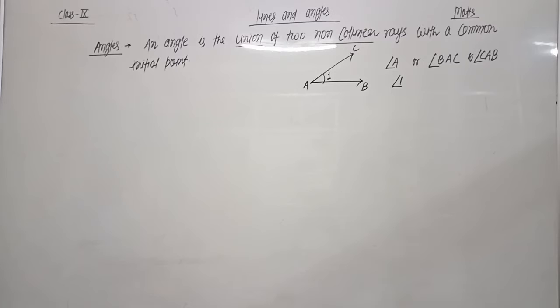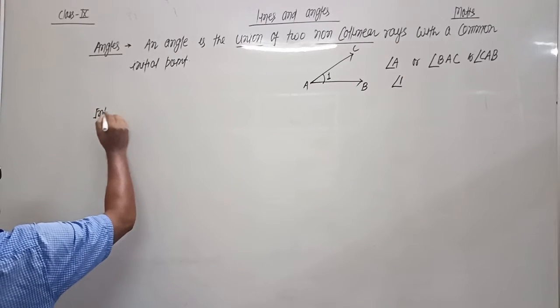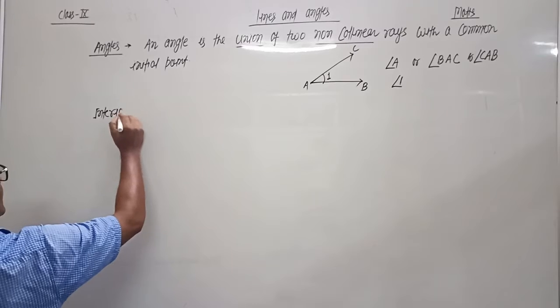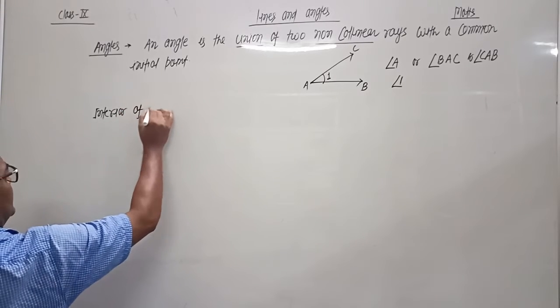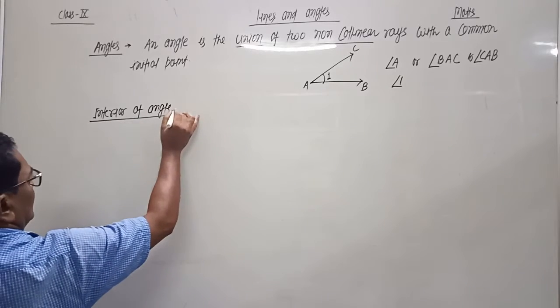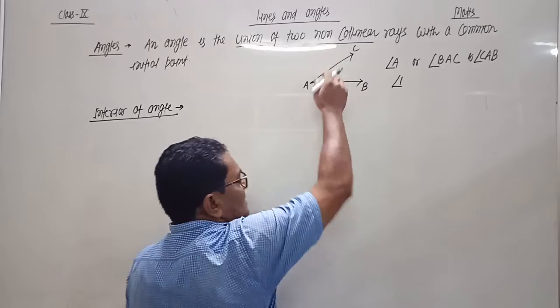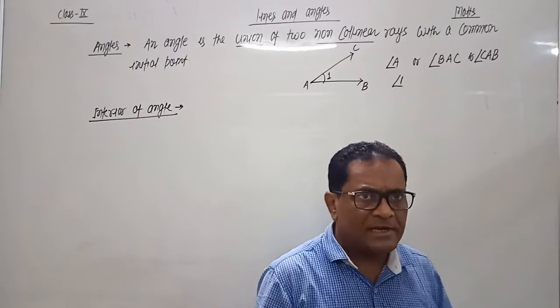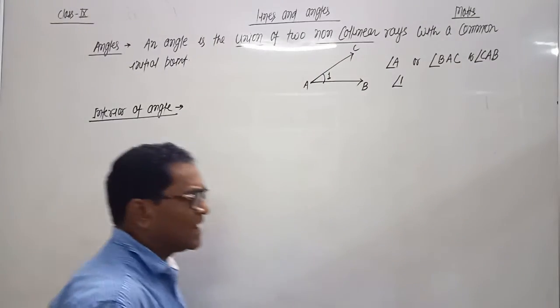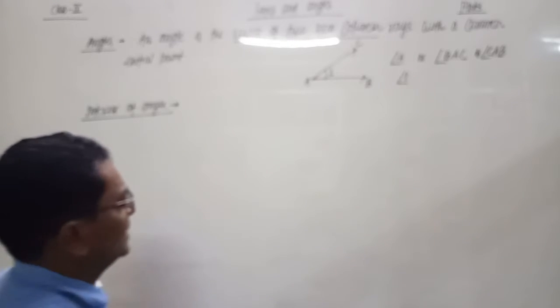Now we talk about the interior of an angle and the exterior of an angle. Interior of an angle: the points that lie inside the angle are called interior points.